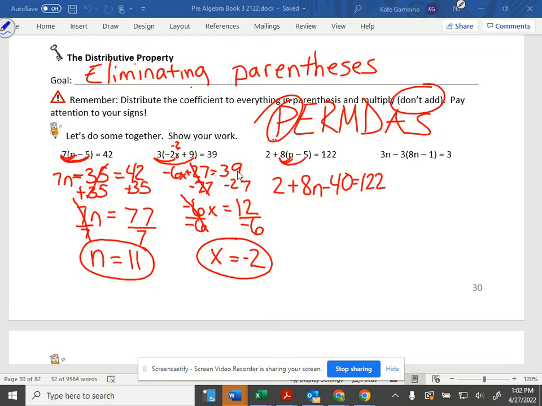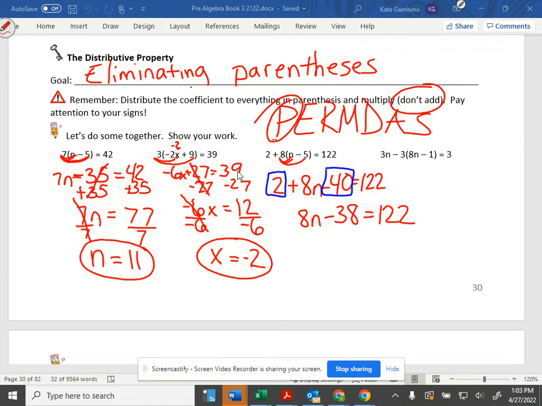So once you take care of the parentheses, you want to combine those like terms. So 2 minus 40. What is 2 minus 40? Negative 38. So always combine your like terms before you start shifting things over to the other side of the equal sign. Does that make sense?